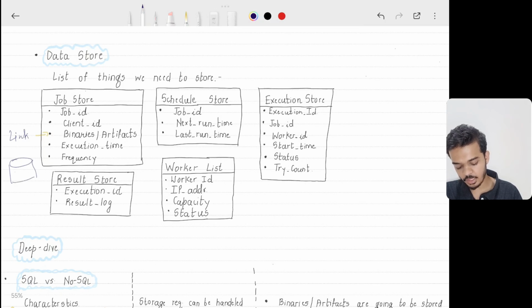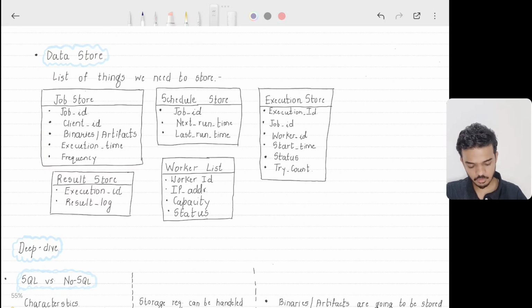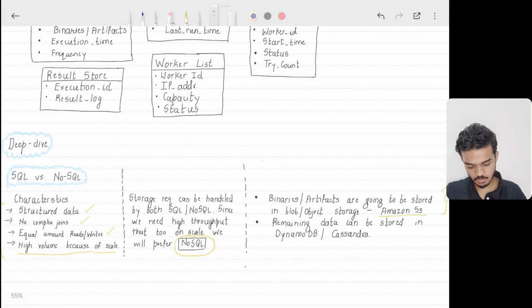So in S3 the binaries would be stored, and here we'll store the link of the object storage where the binaries are present. So we'll use a NoSQL database for storing our data.